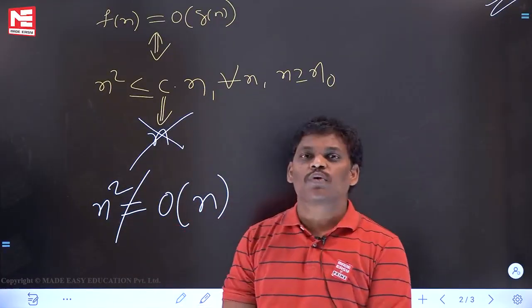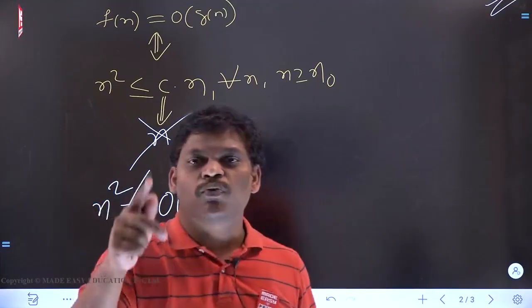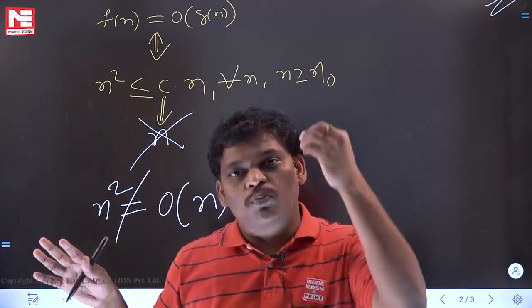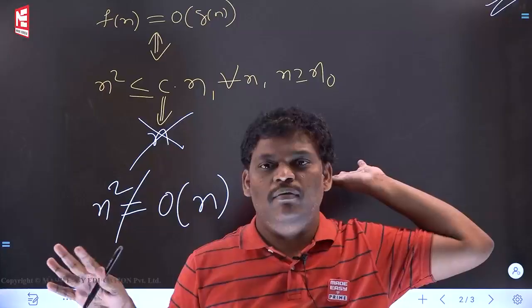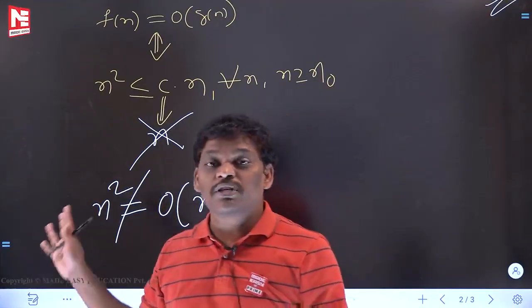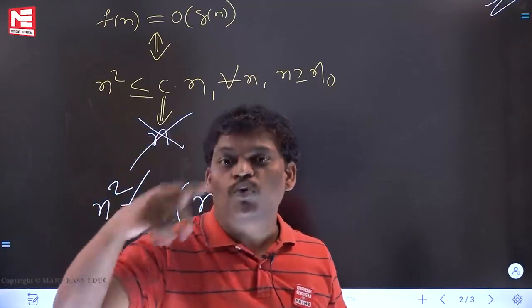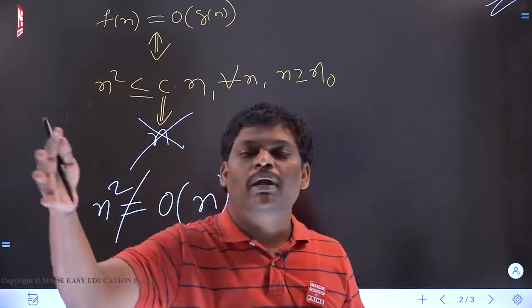I hope you got the clarity. Suppose I didn't explain this example 4. You may think that using big O you can prove any person as bigger on the right-hand side. But remember, there is a limitation. If I didn't say this example, you may think big O proves the right-hand side is bigger every time by taking C's help.